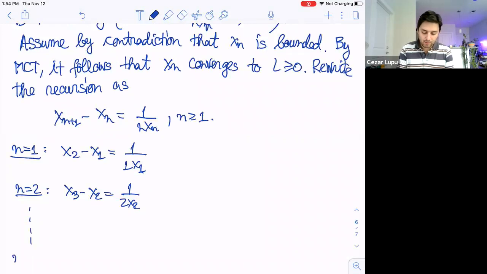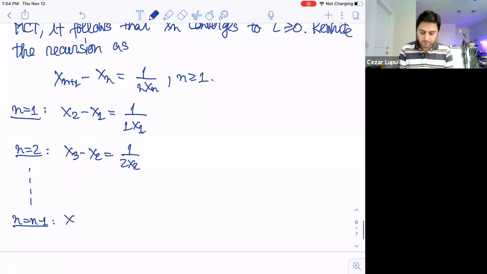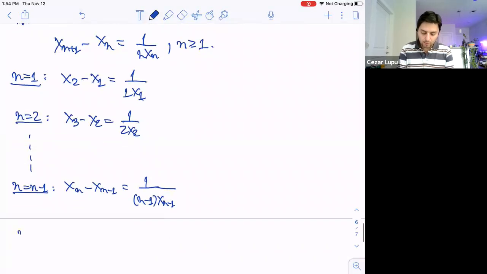We keep going. For n equals n minus 1, we'll have xn minus xn-1 will be 1 over n minus 1 times xn-1. And for n equals n, we'll have that xn+1 minus xn is 1 over n xn.